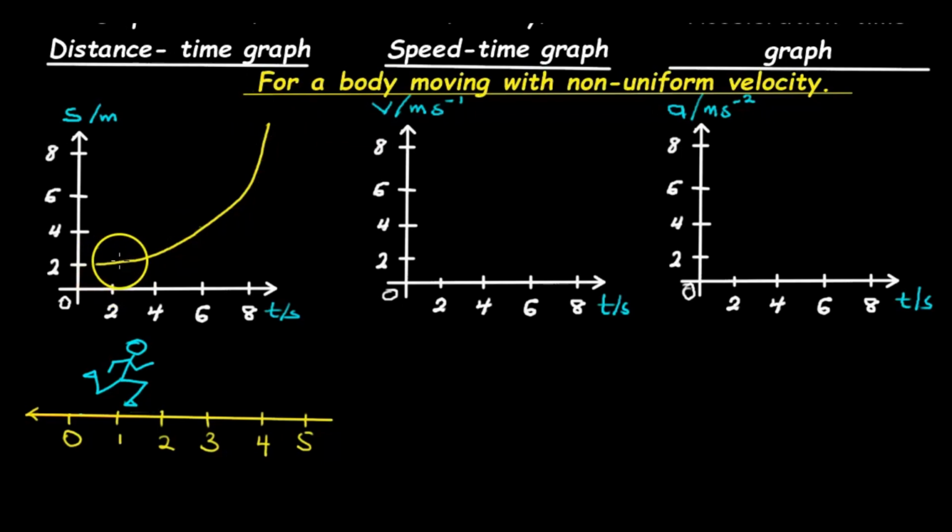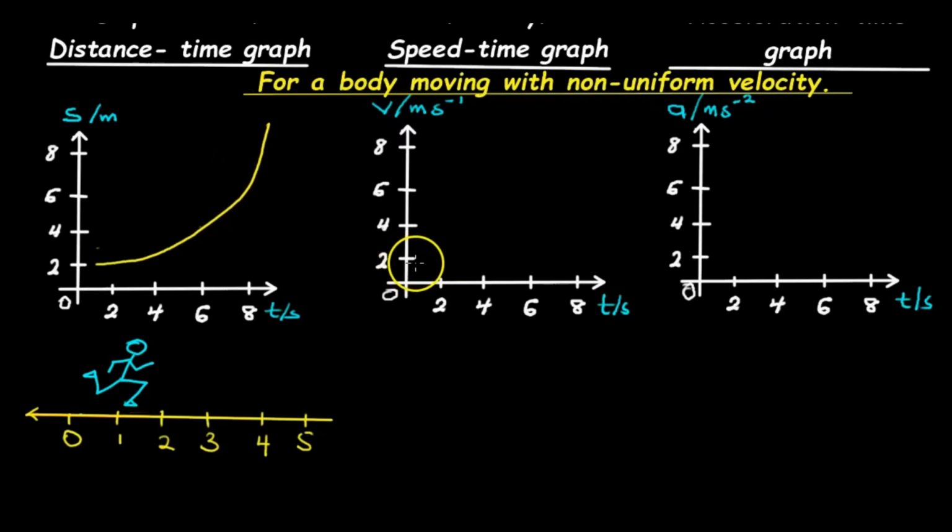So it means that here it traveled slowly and here it traveled faster. So it started slowly and increased upwards. So this means that the velocity here was small, then the velocity started increasing because the change in displacement with respect to time here was small and the change in displacement here is greater.